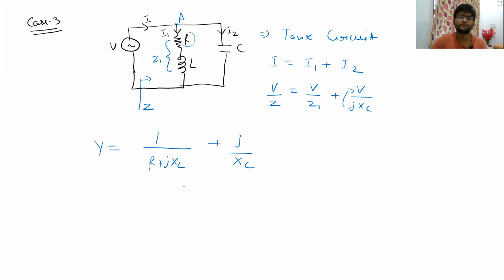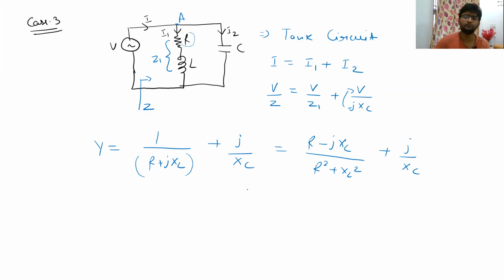So let me multiply the complex conjugate of this denominator in the numerator and denominator to get a simpler equation. So what I will get is R minus JXL upon R square plus XL square plus J upon XC.